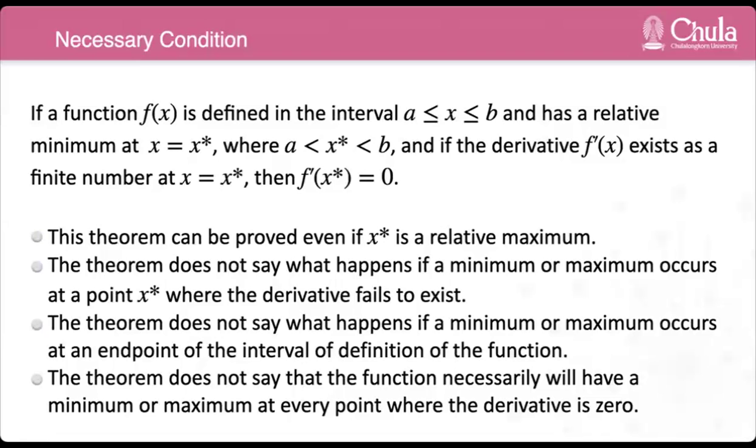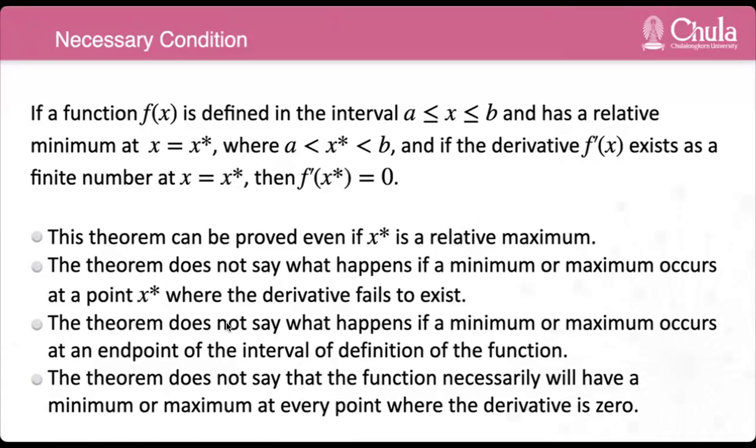Because we consider between A and B. If the minimum occurs at A or at B, you cannot use this theorem, because for the derivative you have to take the limit from both sides. But if that point is the endpoint, you cannot take the derivative from both sides.